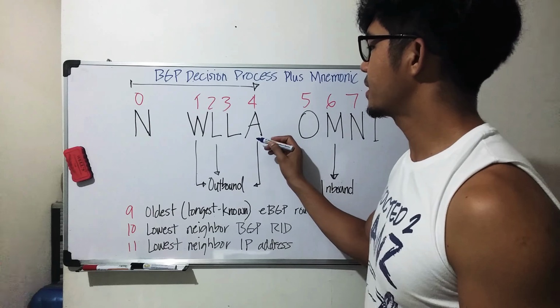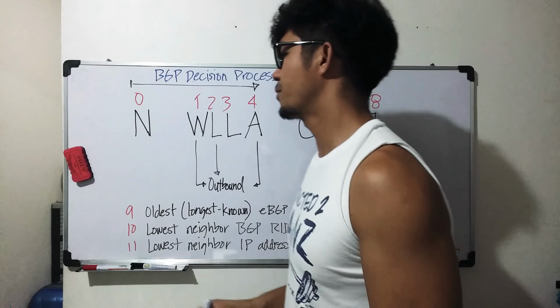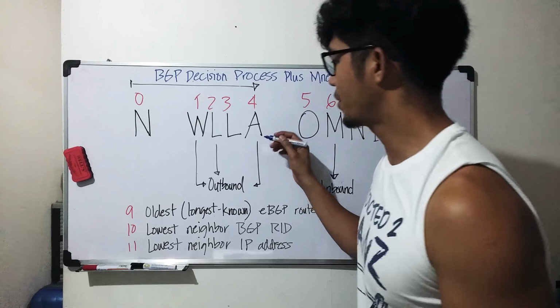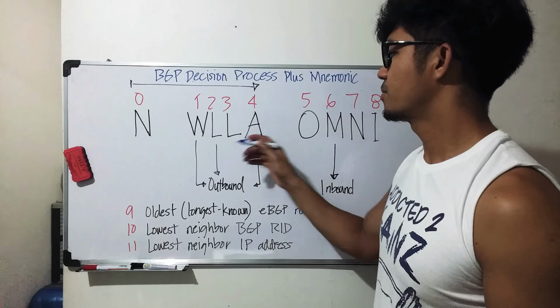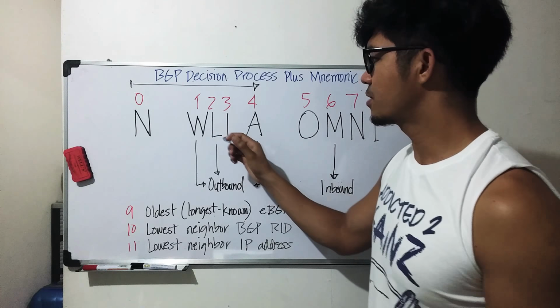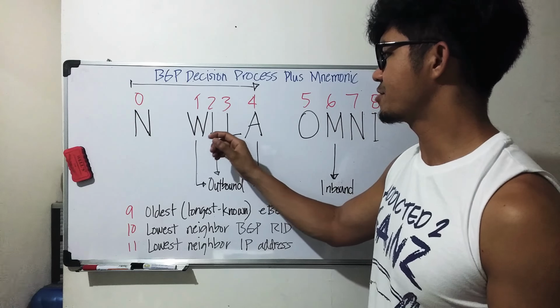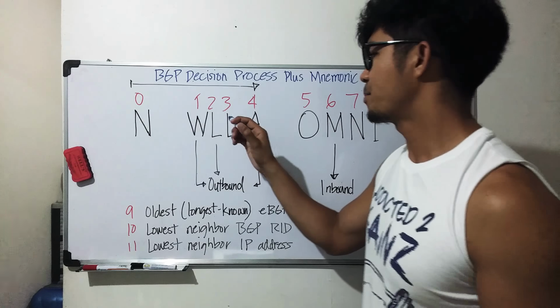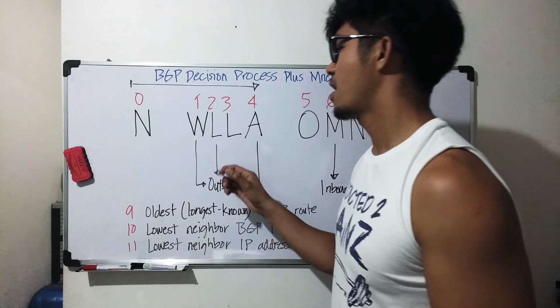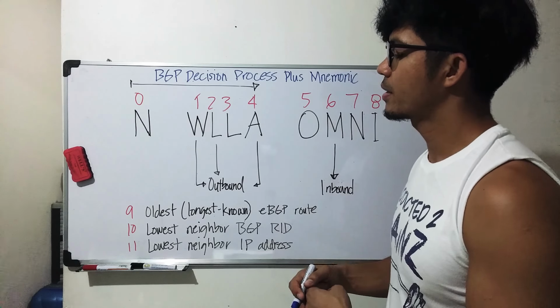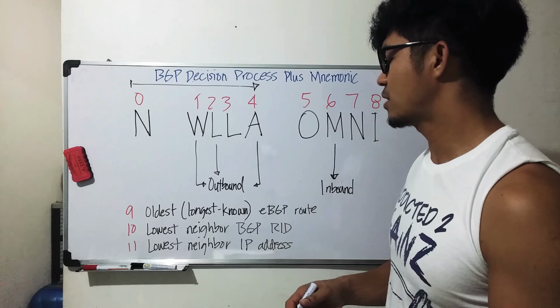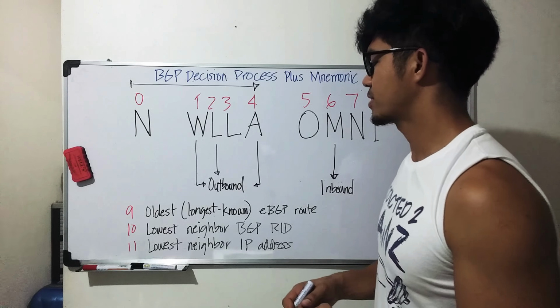So next is AS path, which is for AS path length, or just AS path. And these three path attributes are popular for influencing the outbound traffic or outbound routes.